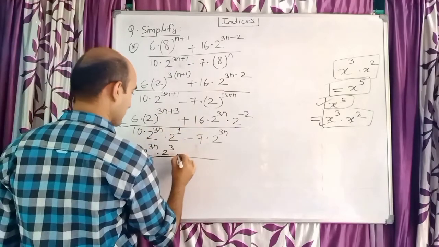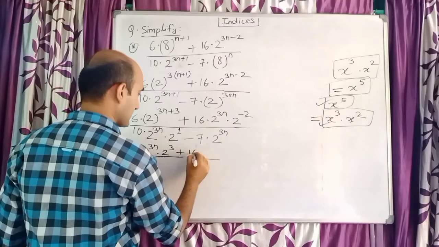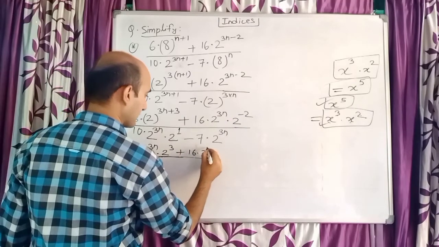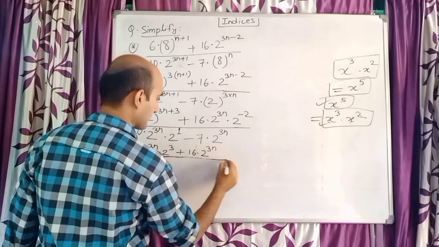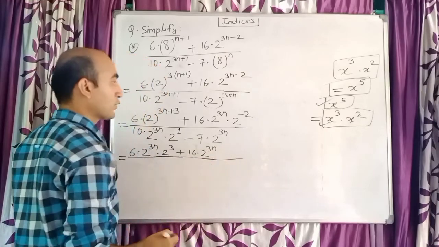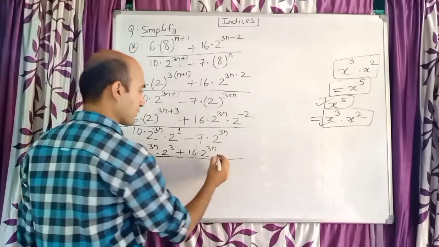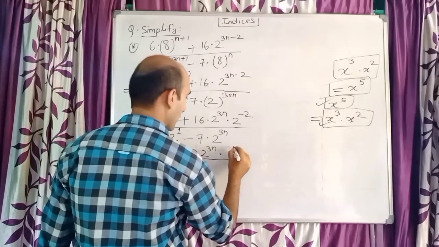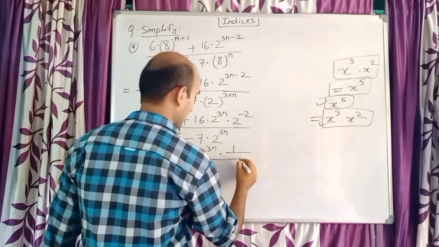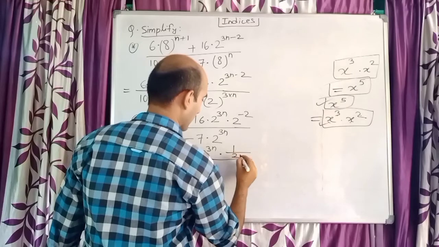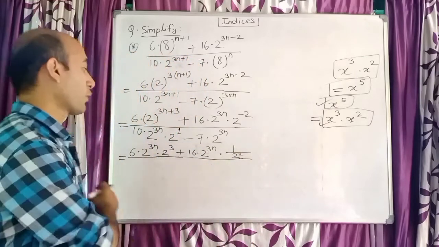Now this plus, you write the same 16 · 2^(3n), and you can do one more thing. To make this negative power positive, you can write 1 by 2 square. Why 2 square?